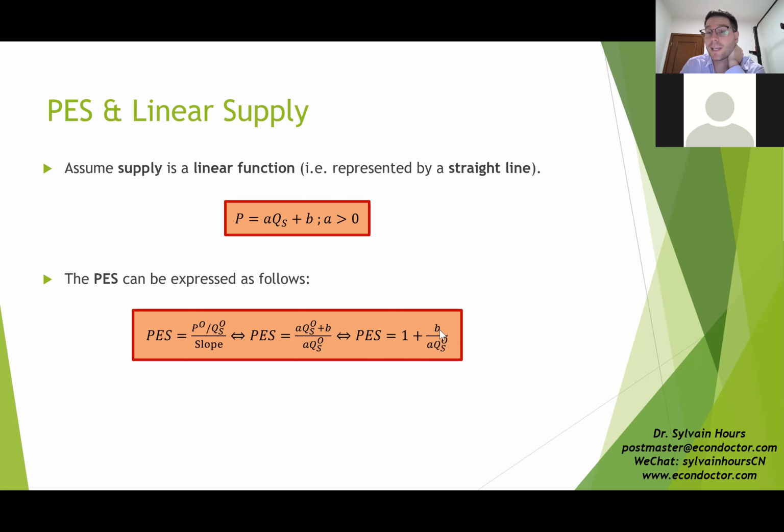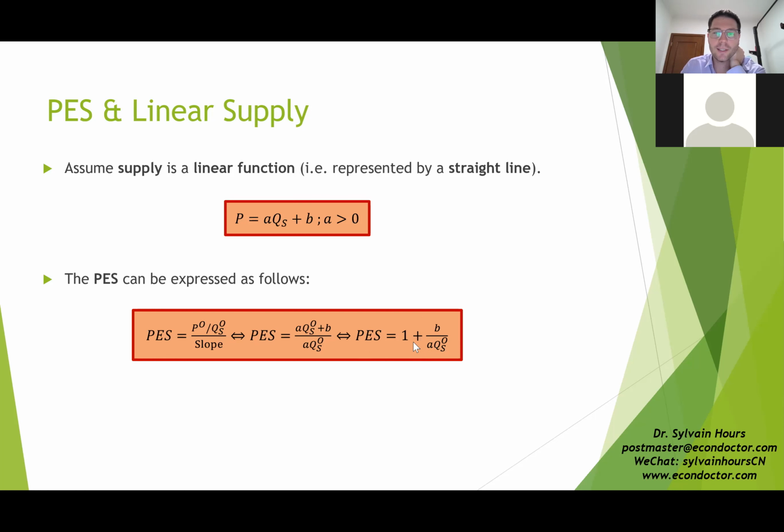But if b is negative, negative vertical intercept, then the PES is 1 plus something negative, so it's less than 1. And finally, if b is equal to 0, so essentially the supply curve goes through the origin, then the PES is 1 plus 0, so it's just 1, unit elastic.